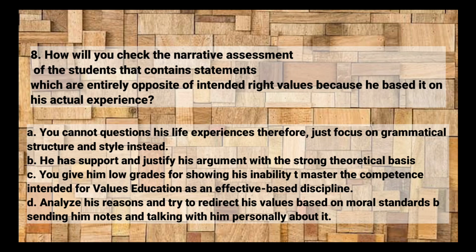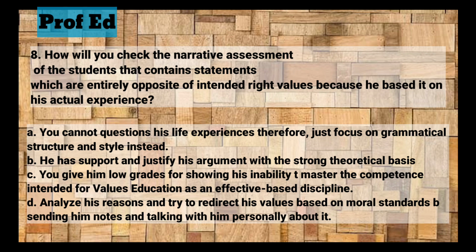Number 8. How will you check the narrative assessment of a student that contains statements which are entirely opposite of the intended right values because he based it on his actual experience? A. You cannot question his life experiences, therefore just focus on grammatical structure and style instead.